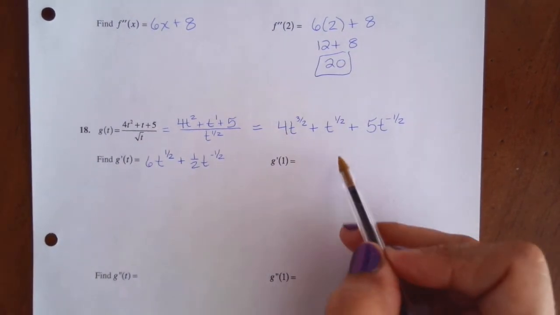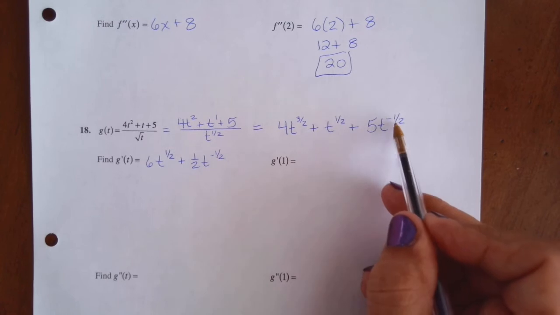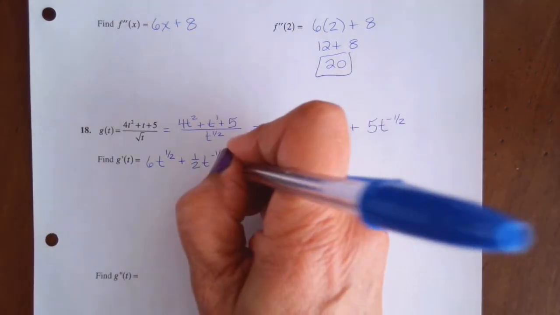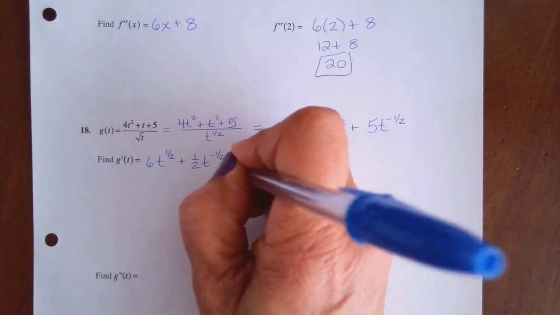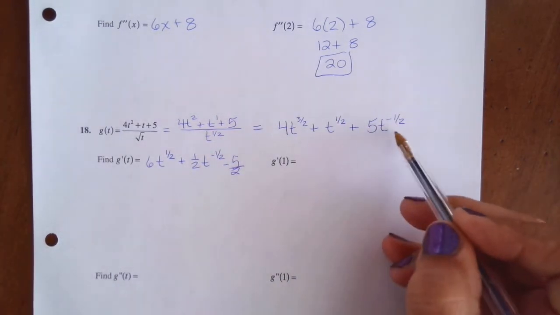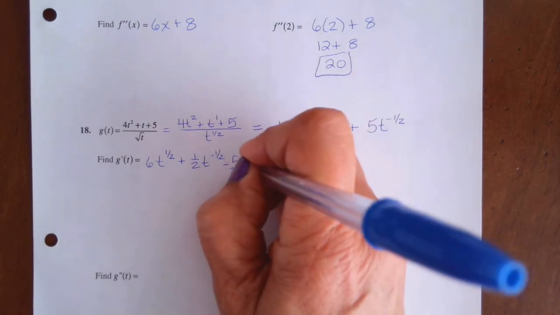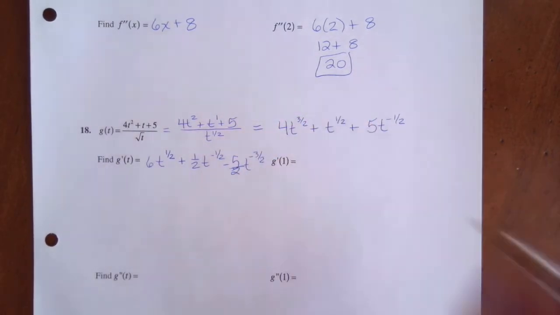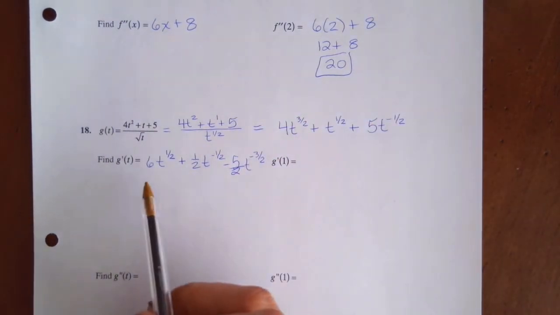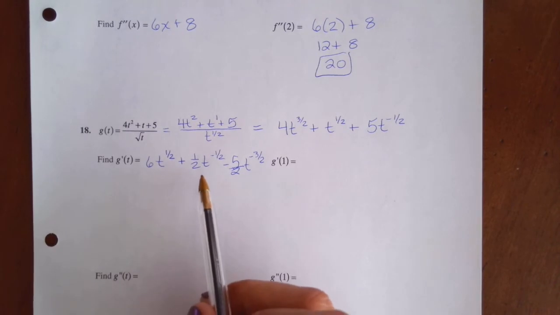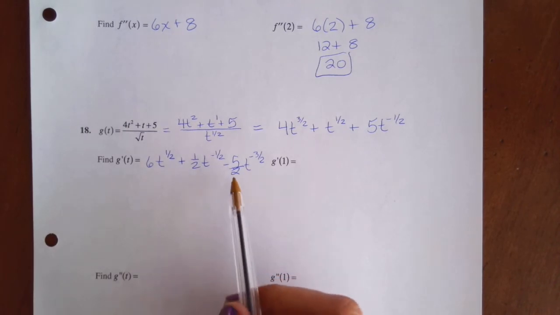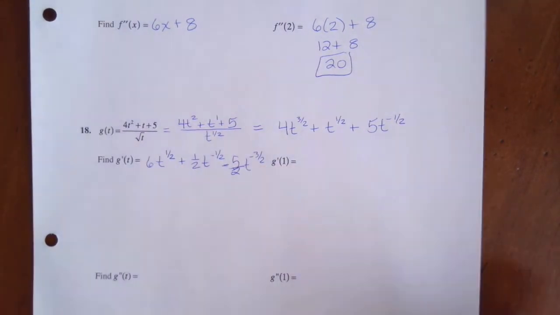So there's that derivative. And over here, we're going to bring this and multiply it. So negative 1/2 times 5 is negative 5/2. And then subtract 1 from negative 1/2, that gives you negative 3/2. So there's your derivative, 6t to the 1/2 plus 1/2 t to the negative 1/2 minus 5/2 t to the negative 3/2.